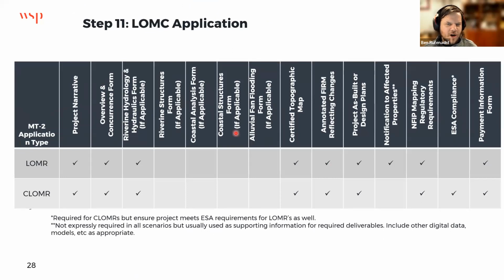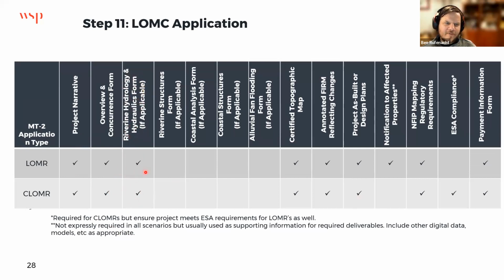So now we can walk through our MT-2 application. For this particular project, we've checked what we actually need: the project narrative, the overview, Form 1, our riverine hydrology and hydraulics form.